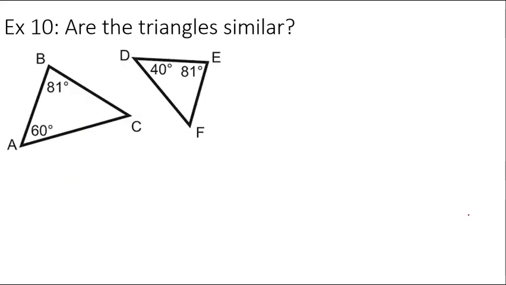Okay, example 10. This time, are the triangles similar? So far they have one angle in common. So we're going to say angle B is congruent to angle E. So that's our first angle.